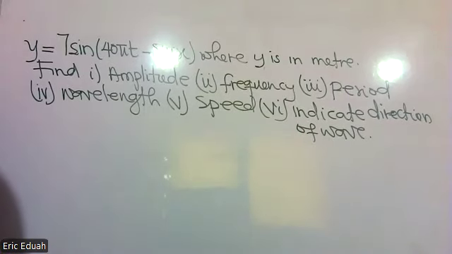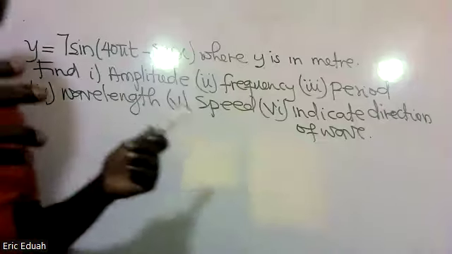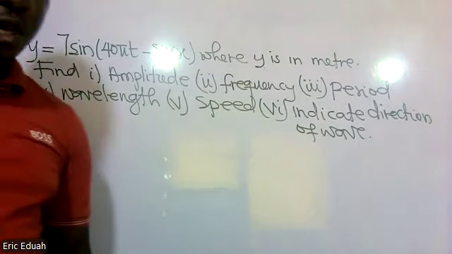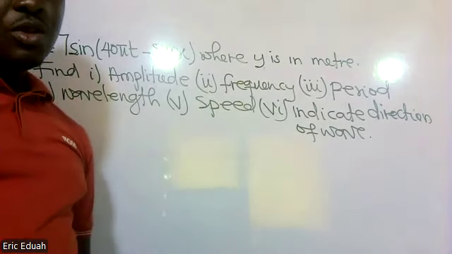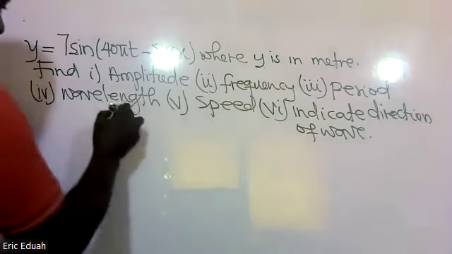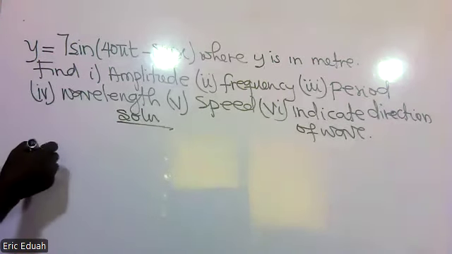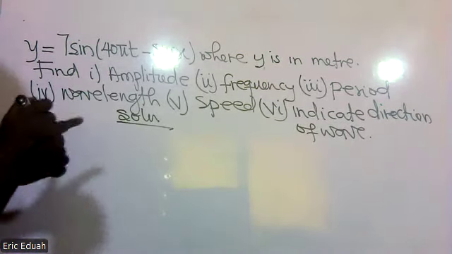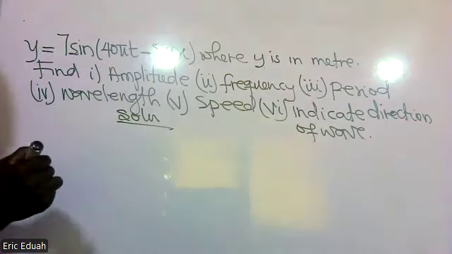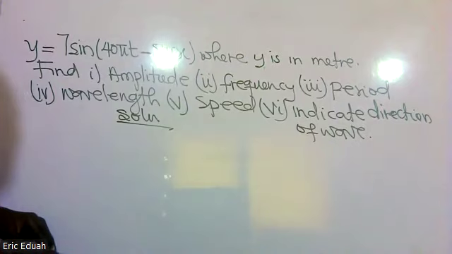So, how do we solve such a question? When you are given the problem, you compare it with the general progressive wave equation. Because this is a minus, this wave is moving from left to right, towards the positive x-axis.